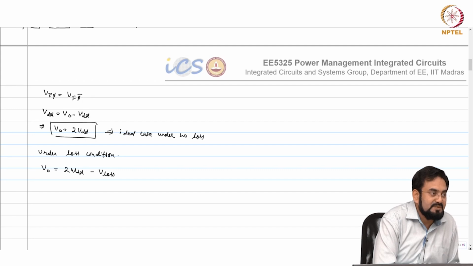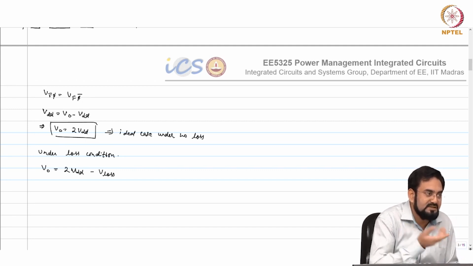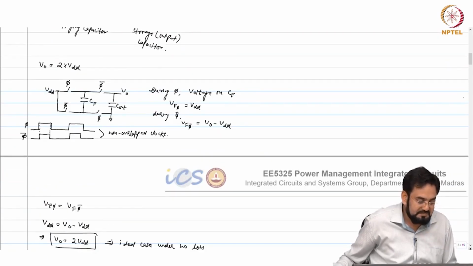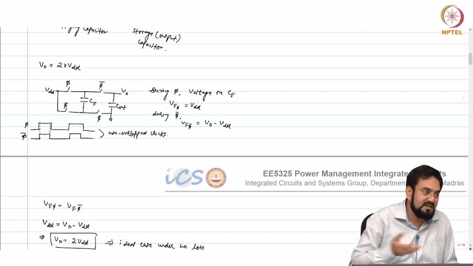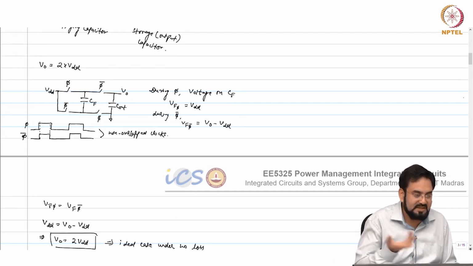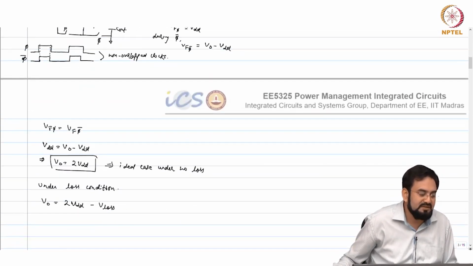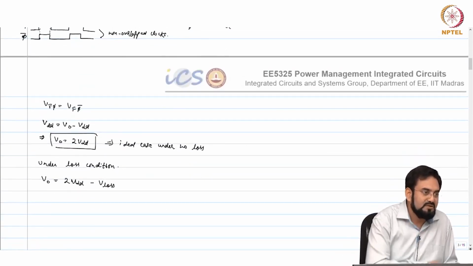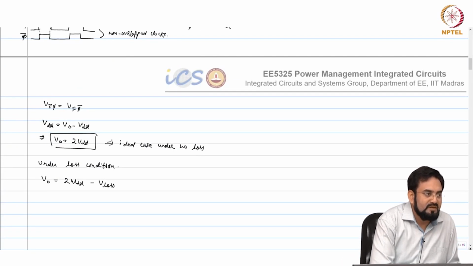So, this V loss will be in your switches, mostly in the switches, basically this is acting as a switch, capacitor, resistor. So, if your capacitor has some ESR, that will also contribute. So, any resistive losses, basically its conduction losses, will contribute to V loss, which is in the conduction path. So, IR drop will be there.